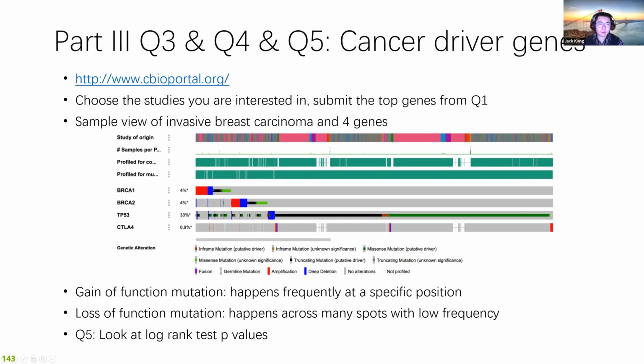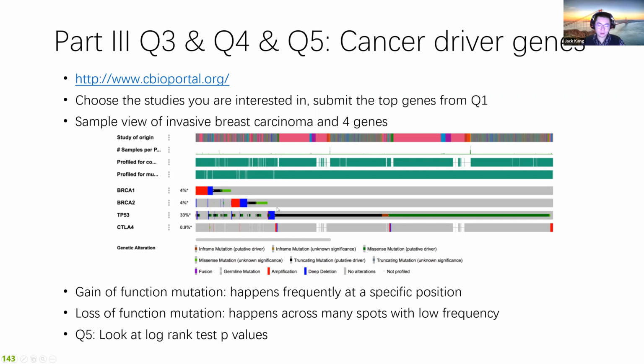Here is a sample view of invasive breast carcinoma, where I checked four genes. On the very top, each color represents your study of origin, and down here you get the mutations across these genes. For example, for BRCA1, we see it has a lot of amplification and also deep deletion, and similar is true for BRCA2.